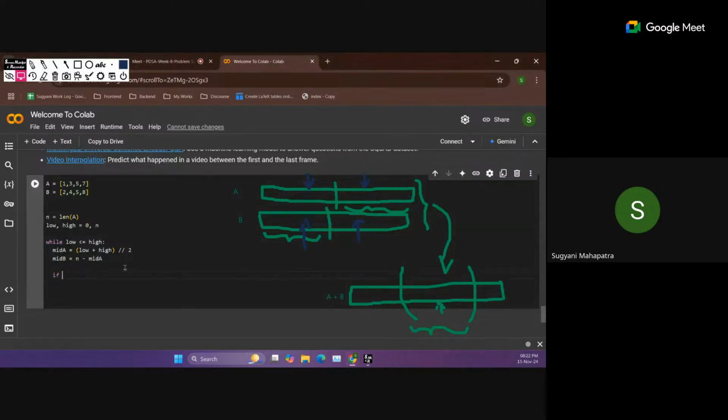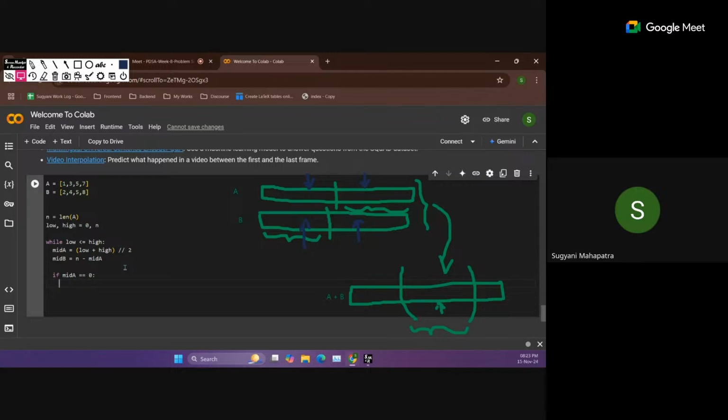If my middle of A is equal to 0, this is the base case actually. If the middle element is 0, then what will happen?